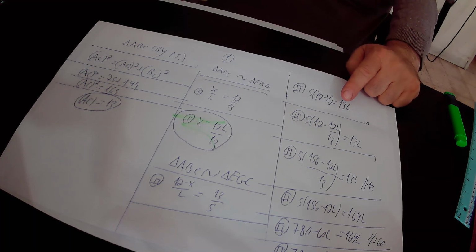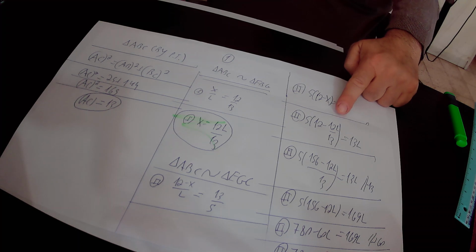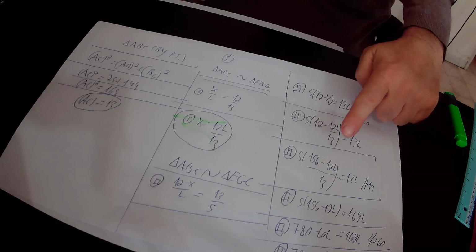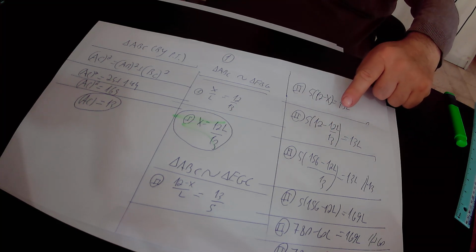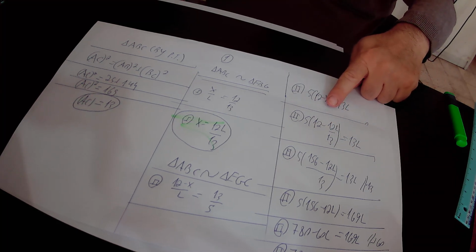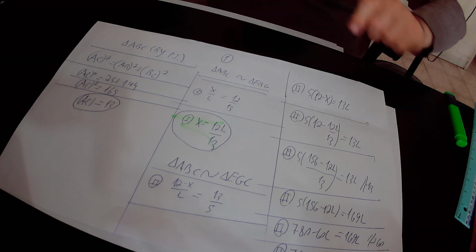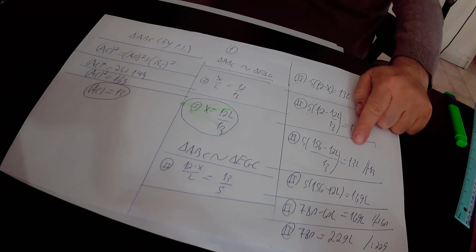We multiply 12 by 13 to have a common factor, and 12 times 13 is 156. So in the numerator we have 156 minus 12L, divided by 13, and it equals 13L.